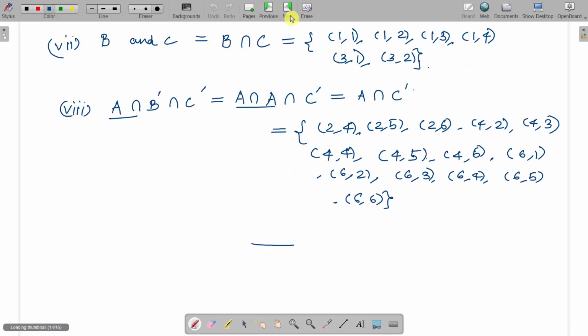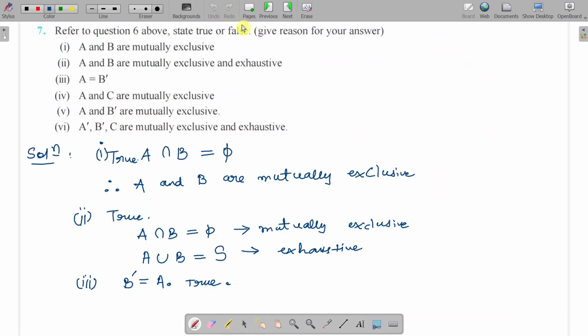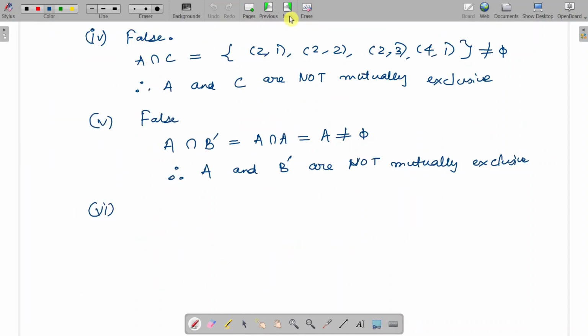Now let us look at the sixth one. A complement, B complement, C are mutually exclusive and exhaustive, they are asking us. For that, this is false. Let us see why. Because A complement intersection B complement, if we take, it is B intersection A, which is equal to empty set. That is okay.